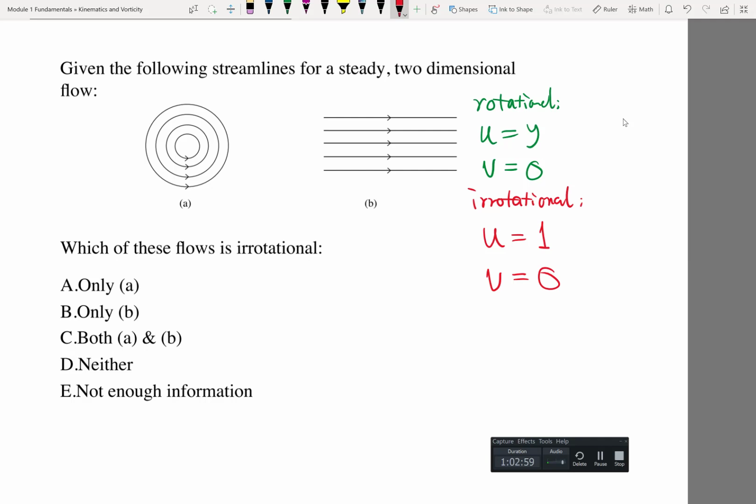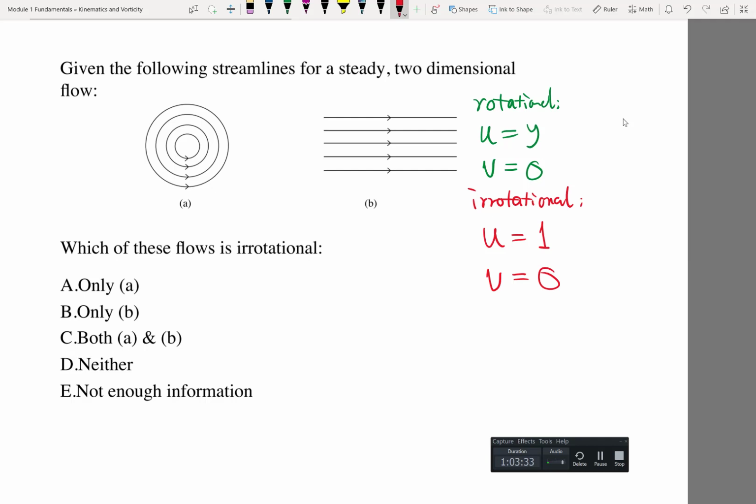I'm pretty sure the classic example is like a real... Isn't the classic example just u equals y?